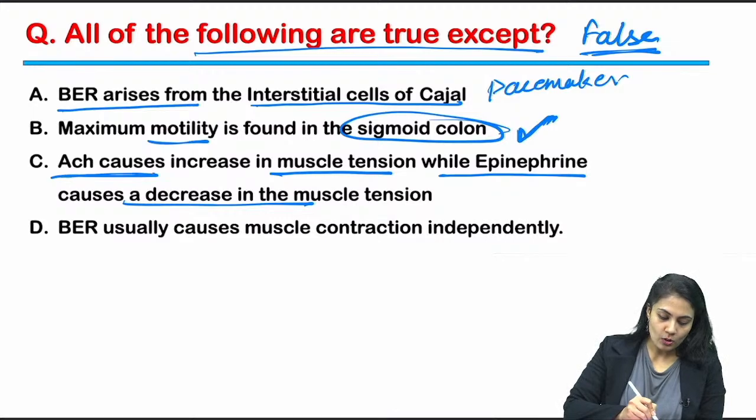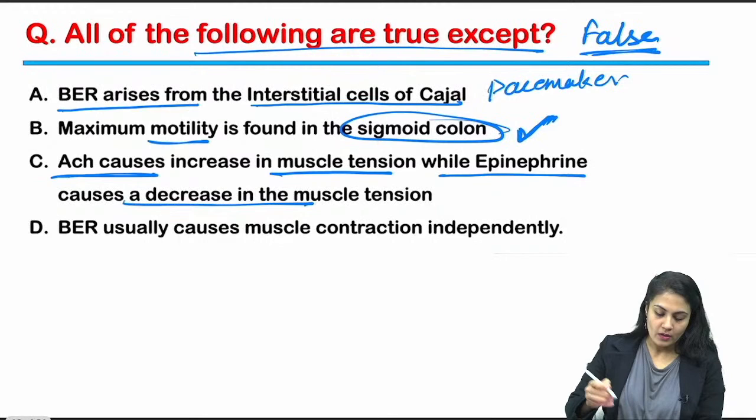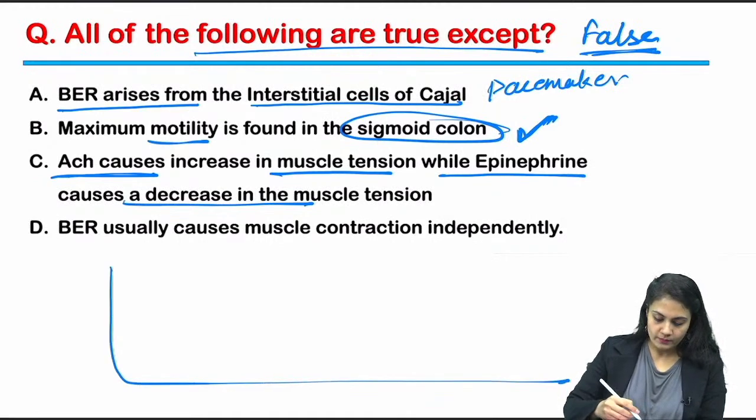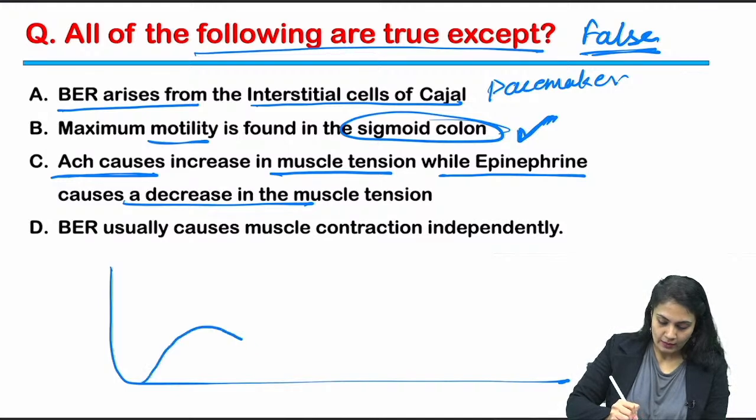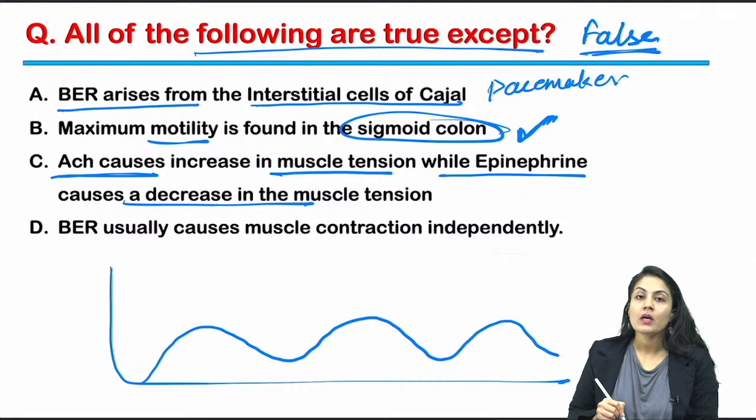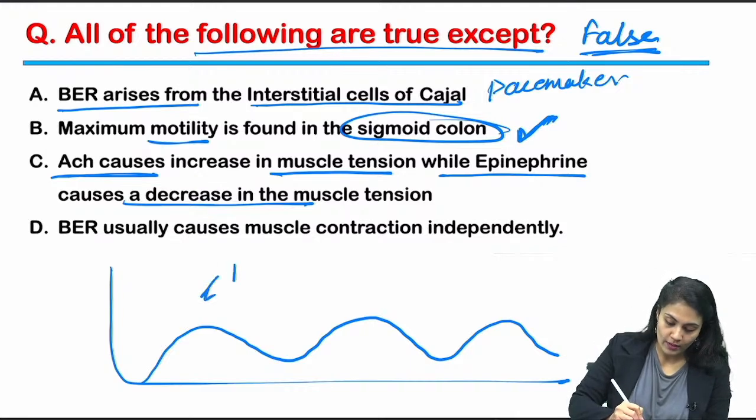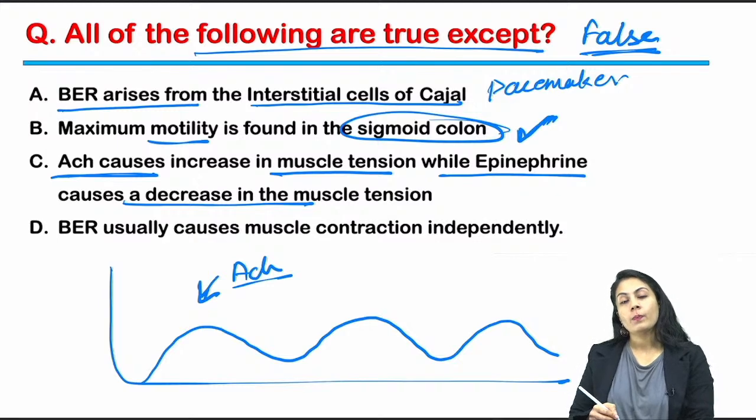The acetylcholine causes increase in the muscle tension. If I draw a diagram over here, let's say this is the BER. What is the BER? BER is nothing but the basal electrical rhythm. Basal electrical rhythm is present in the smooth muscles of GIT. Now understand, acetylcholine is a parasympathetic.